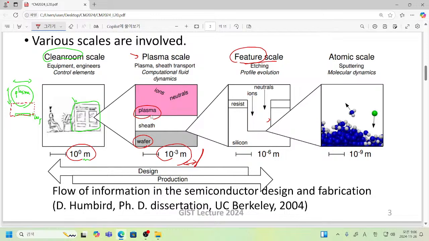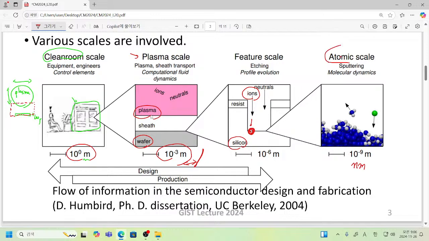And of course, in reality, ions are coming into the already existing holes, and there will be certain chemical interaction between the silicon vapor and the ion etchant. So we have to consider atomic scale interaction. But the atomic scale interaction is just nanometer scale, while we want to make a hole whose depth is several micrometers.